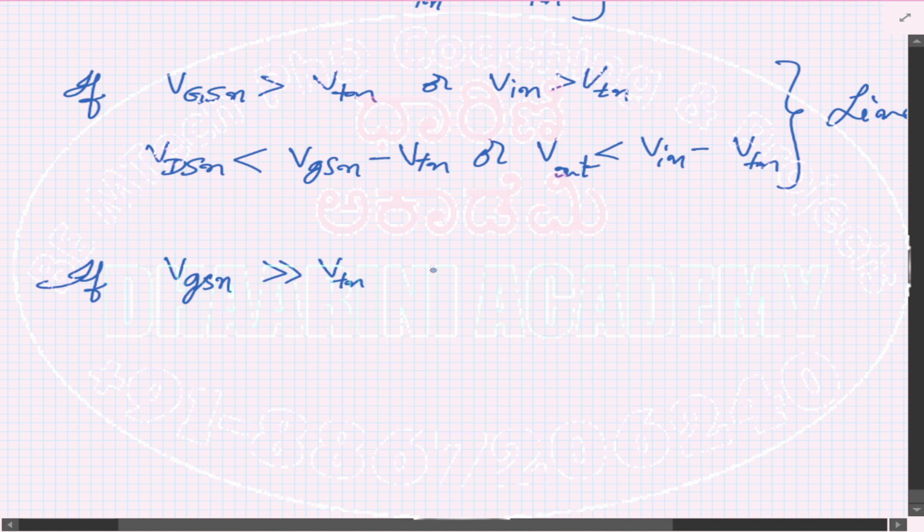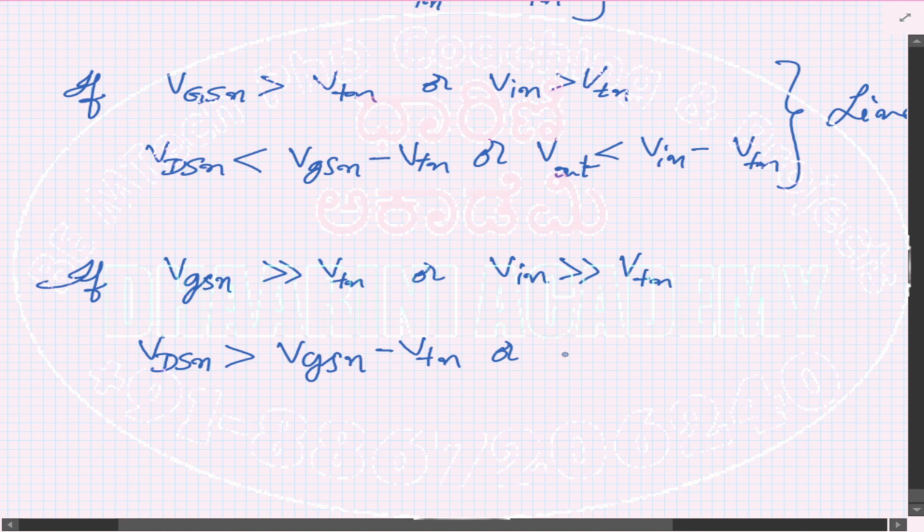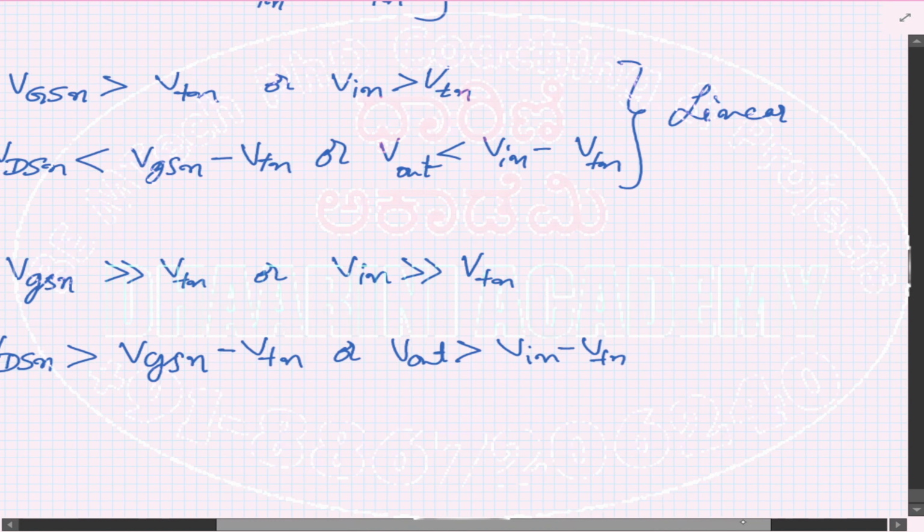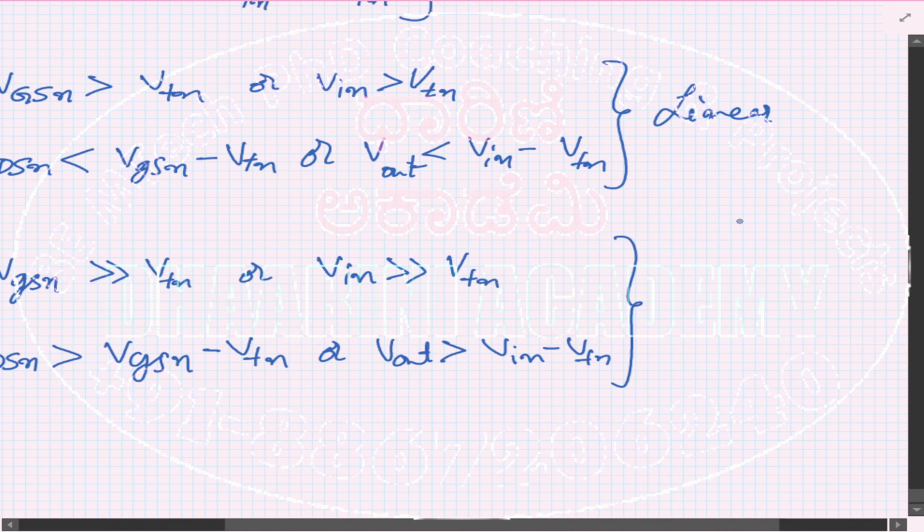Otherwise, I can also write this as V in is very big compared to VTN. But we are more familiar with the second condition: VDS of an NMOS is greater than VGS minus VTN, or otherwise, the output voltage is bigger than V in minus VTN. If this condition is satisfied, I know that the NMOS enters into saturation.